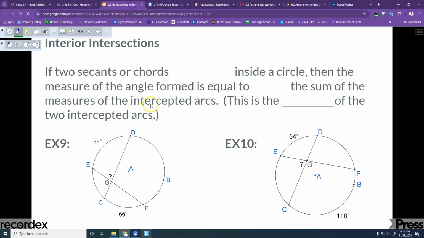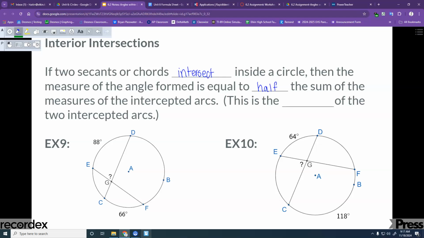All right, let's go on to the next piece, interior intersections. If two secants or chords intersect inside a circle, then the measure of the angle formed is equal to half the sum of the measures of the intersected arcs.